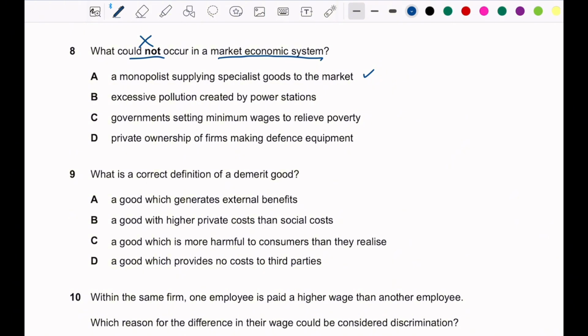B, excessive pollution created by a power station. Yeah, usually in the market economy system there are external costs, because private firms maximize profit, so they don't maximize social benefits. They will usually cause external costs. So yes.